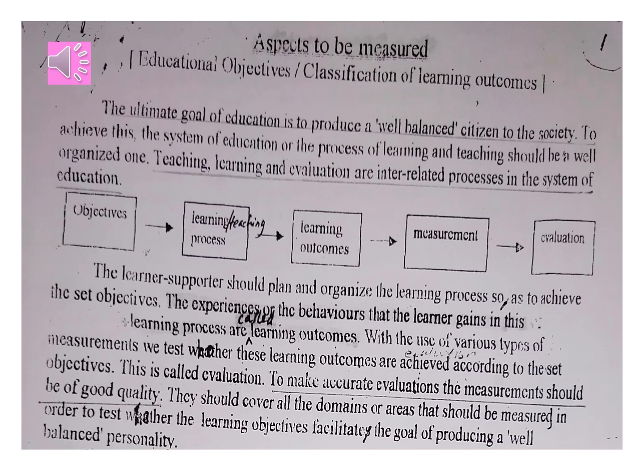Then only we can give a proper test based on the selected content. They should cover all the domains or areas that should be measured in order to test whether the learning objectives facilitate the goal of producing a well-balanced citizen. Now we'll see who is this well-balanced citizen.